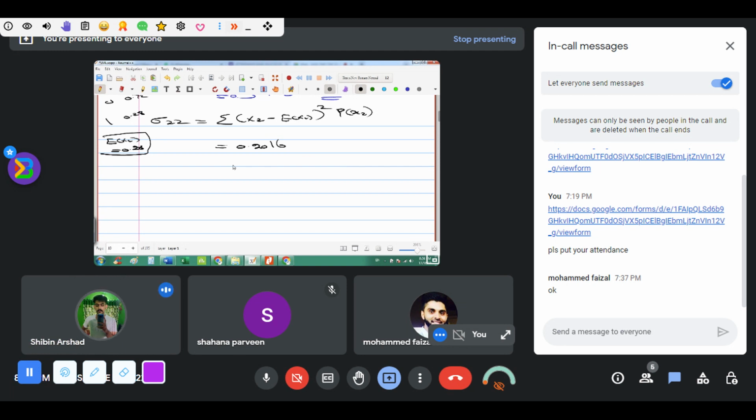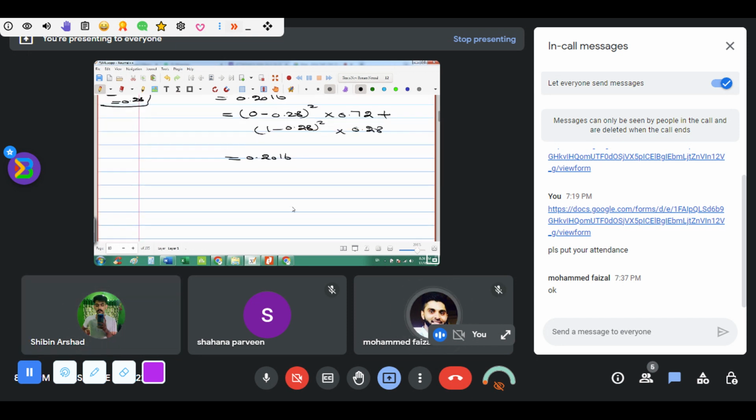Anyone tell me. 0 minus 0.28 the whole square into 0.72, very good, plus 1 minus 0.28 the whole square into 0.28. When this is completed, the end result is 0.2016. So now the idea is clear.